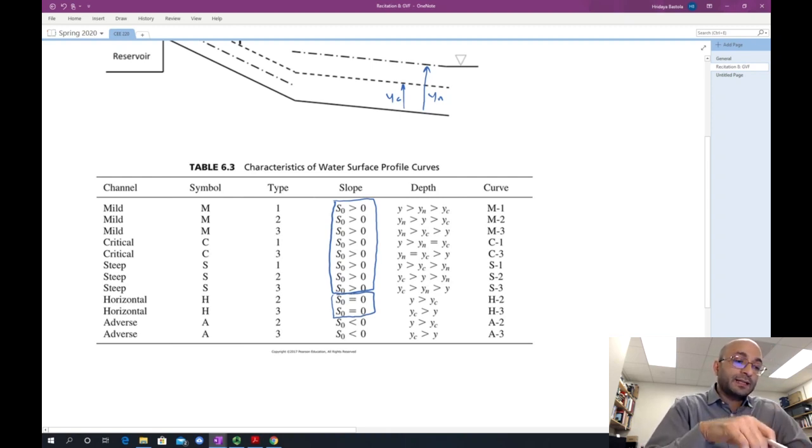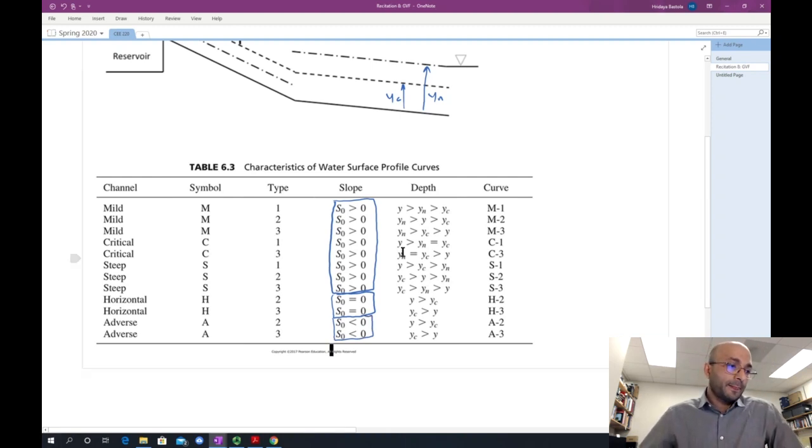If the channel is going uphill as the water flows, that is going to be an adverse channel. So the letter and the numbers together explain the relationships between the normal depth and critical depth to the water level, and also give you information about the channel slope.